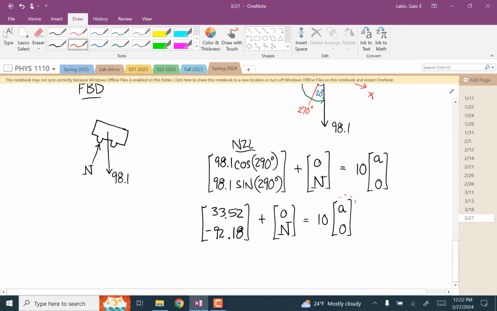We want this acceleration vector. So all we need to do is solve for a.